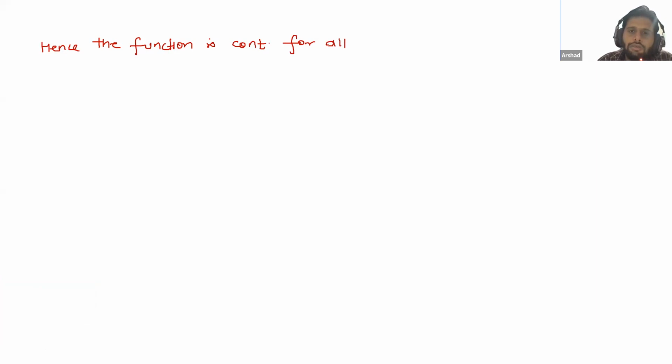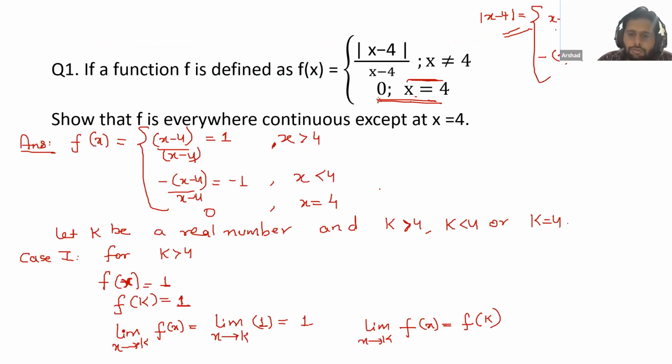Sorry, the function is continuous for all real numbers greater than 4. Okay, so here we have proved that the limit is equal to f(k).